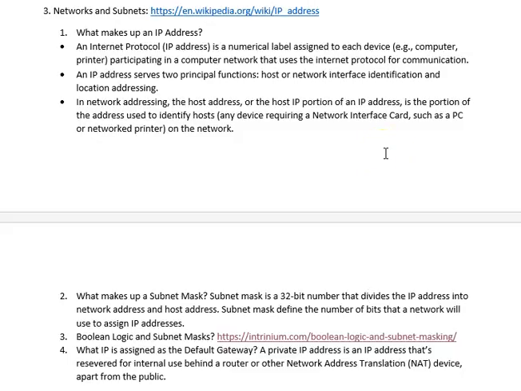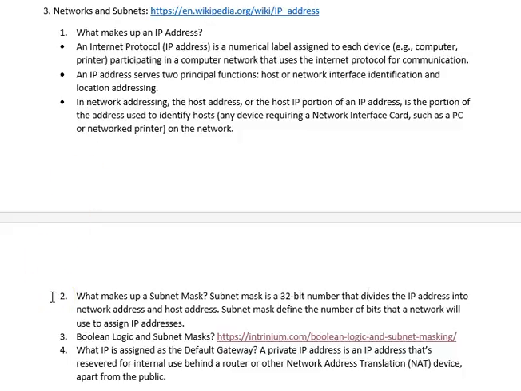An IP address serves two principal functions: host or network interface identification, and location addressing. In network addressing, the host address, or the host IP portion of an address, is the portion of the address used to identify a host on the network.